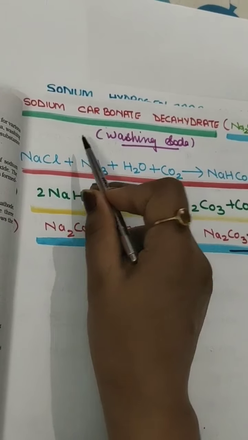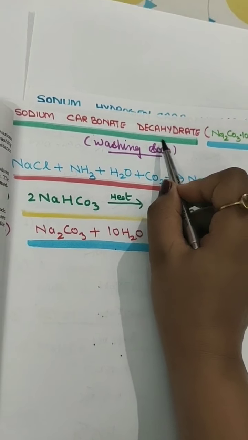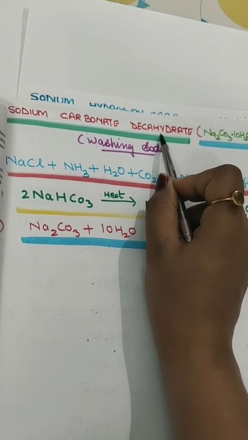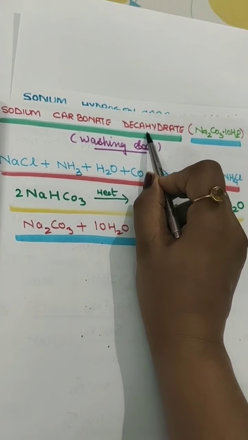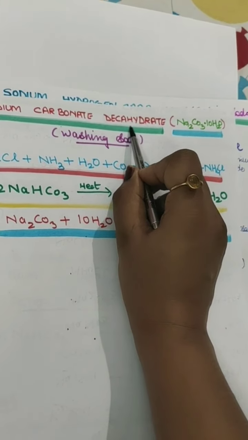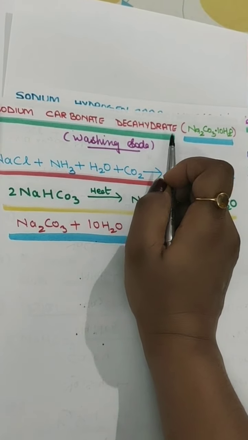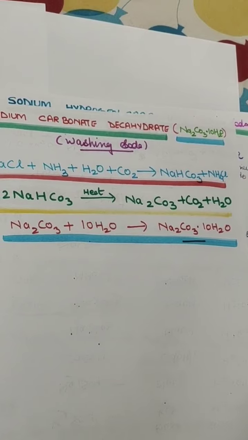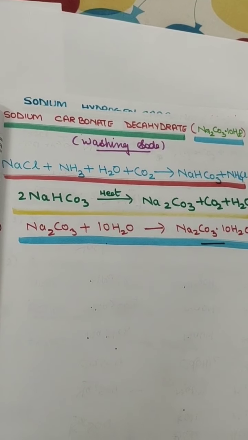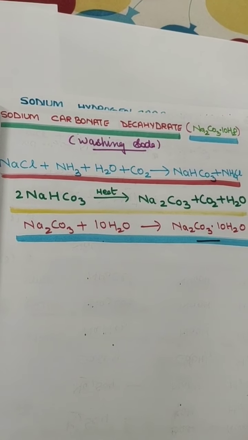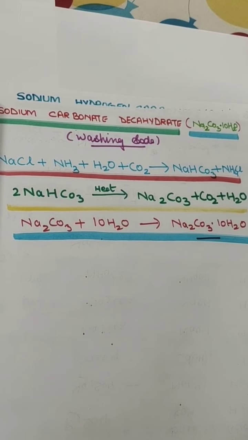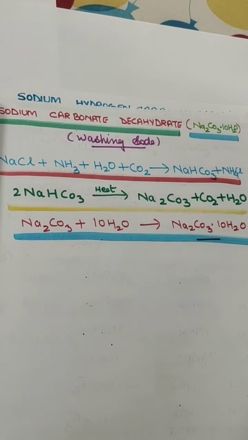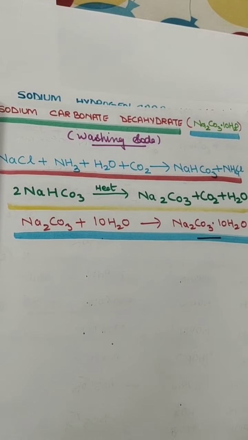So, sodium carbonate decahydrate. Decahydrate is the word which is added. This is because of water of crystallization. I will teach you water of crystallization in the next lecture, but for today I just want to tell you that whenever a molecule of water is present in a crystal of salt, that is called water of crystallization.